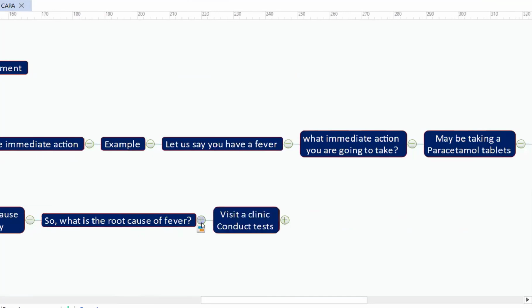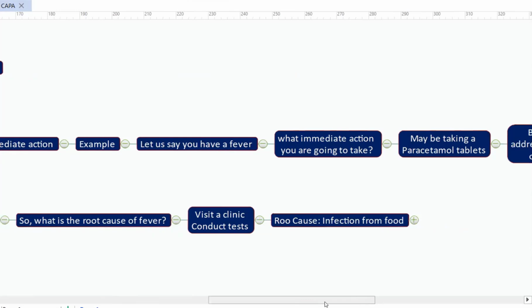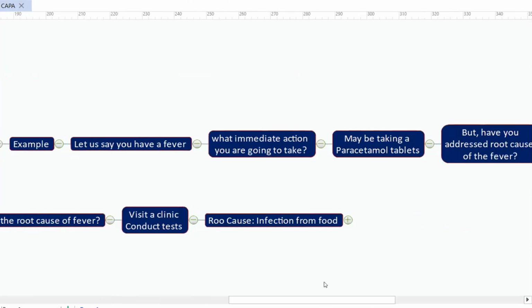So you are going to visit a clinic and conduct a test according to the doctor's suggestions, isn't it? And then the root cause identified in this particular case is what? The infection, because of maybe the food, right? You had food somewhere outside, and because of that, infection took place, and now the reaction of that infection is the fever.